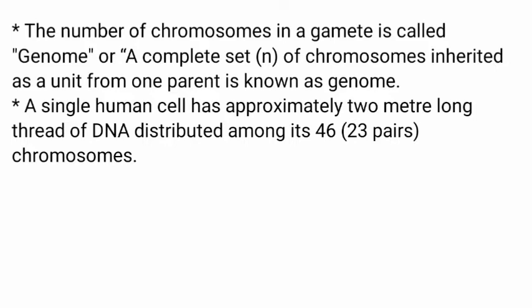The number of chromosomes in a gamete is called the genome, or a complete set of chromosomes inherited as a unit from one parent is known as the genome. A single human cell has approximately 2 meters long thread of DNA distributed among its 23 pairs of chromosomes.